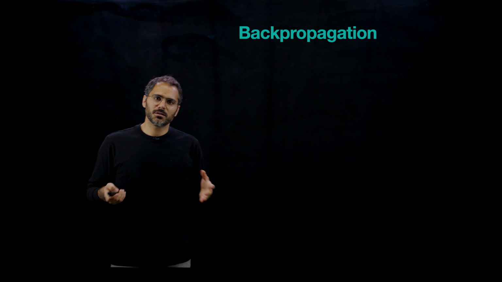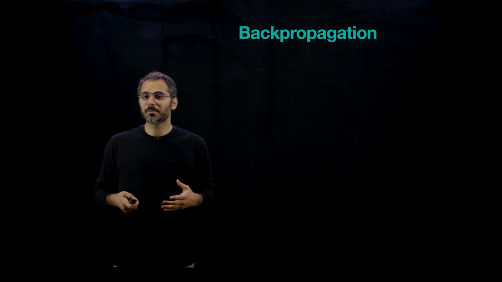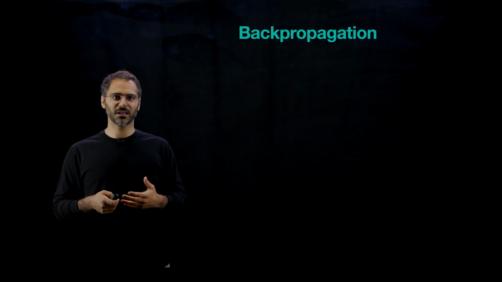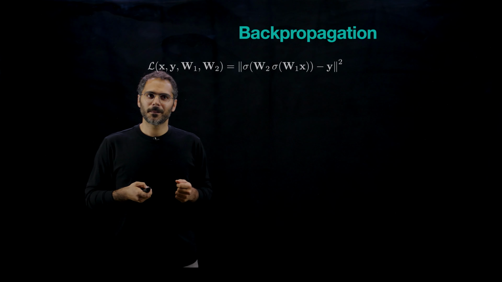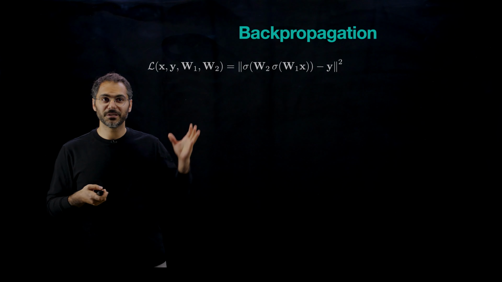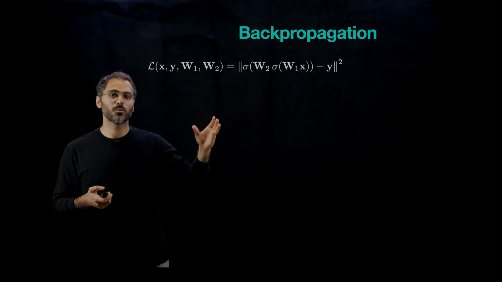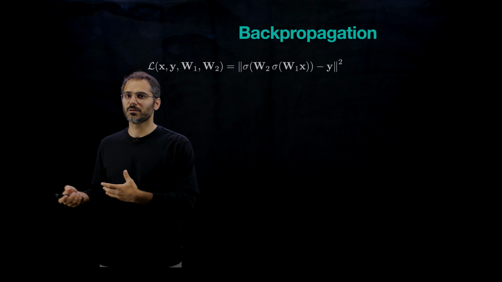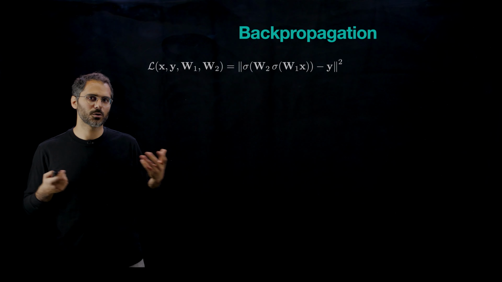All right, this is where we get to backpropagation. Backpropagation is this process that makes neural networks efficient, and that was discovered in the 80s. And we're going to take now a much more complicated function, which will be our loss function. And we want to calculate the gradient of the loss function with respect to w1 and w2, our weights.